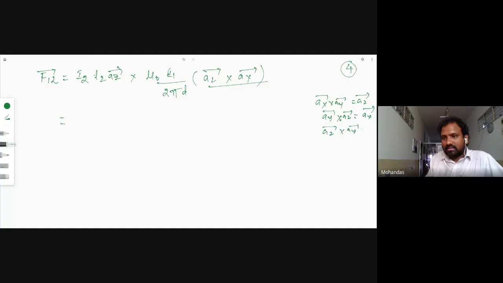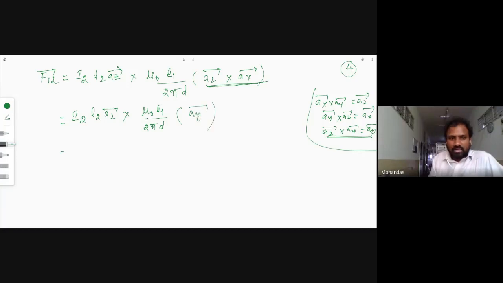AZ cross AX equal to AY. So I2 L2 into AZ cross mu naught into I1 divided by 2 pi d into, in place of AZ cross AX, I am writing AY.